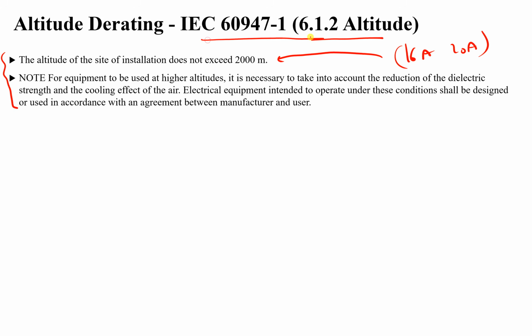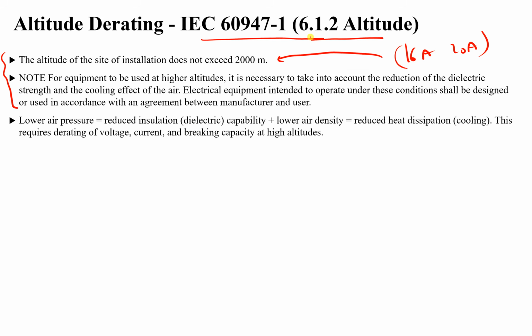So to summarize, lower air pressure at higher altitude means reduced insulation or dielectric capability of air, and lower air density means reduced heat dissipation. This requires derating of voltage, current, and even breaking capacity, according to the manufacturer itself.